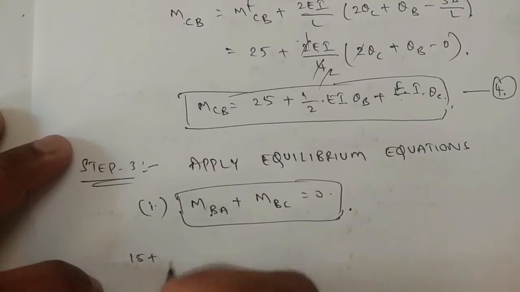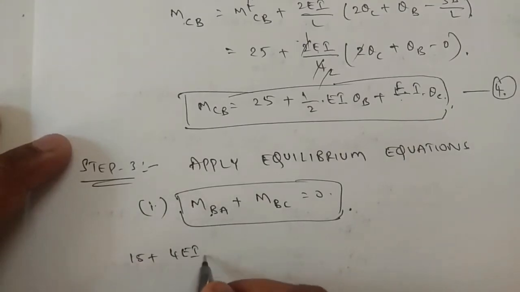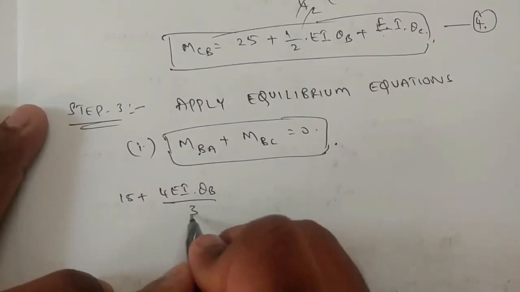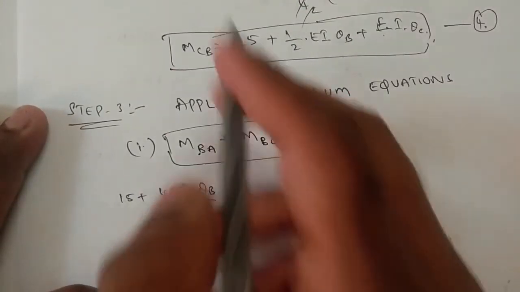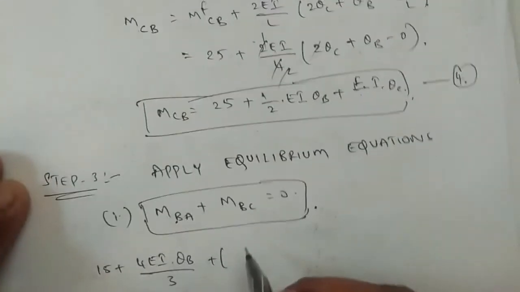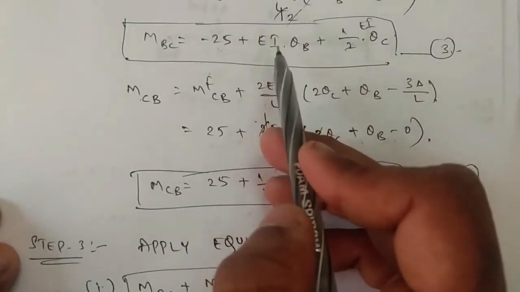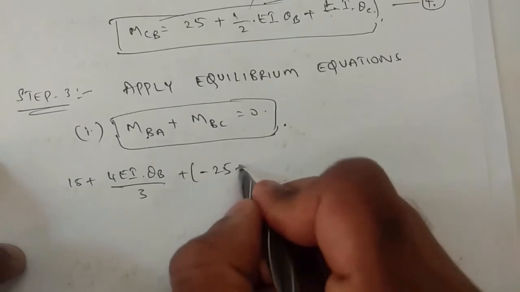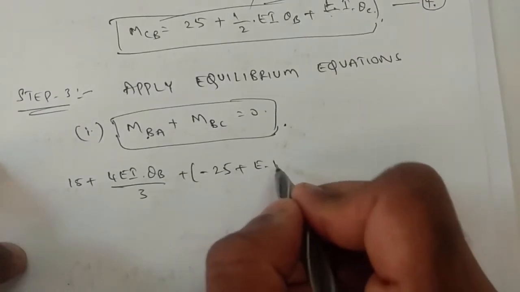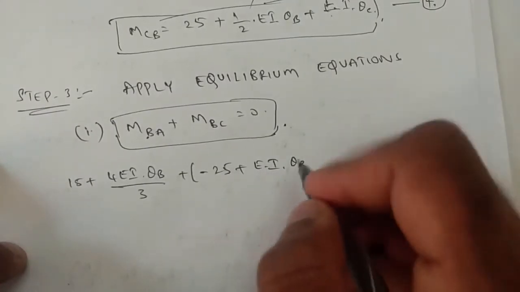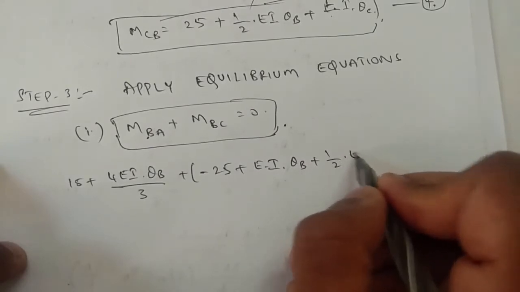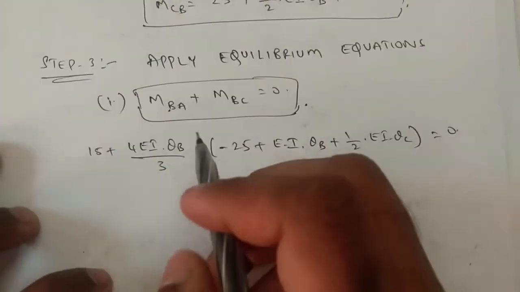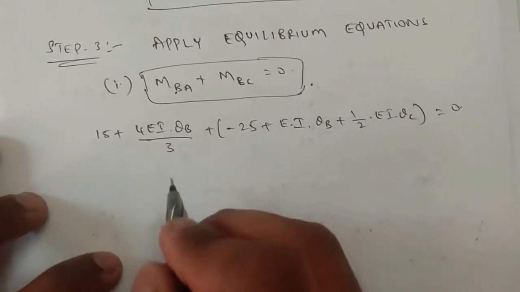I am writing the equation 15 plus 4EI into theta B by 3, plus minus 25 plus EI into theta B plus half EI into theta C equals 0. Solve it.